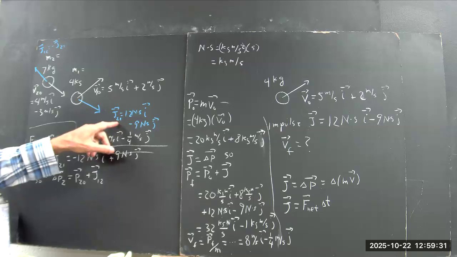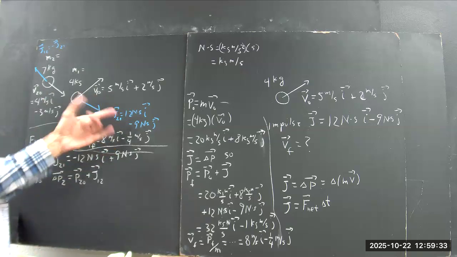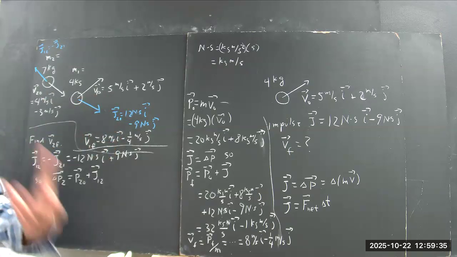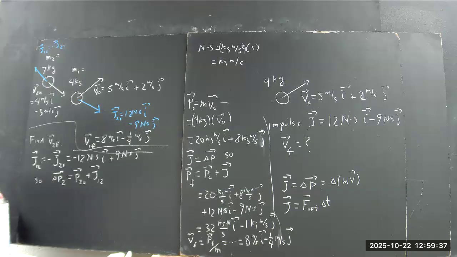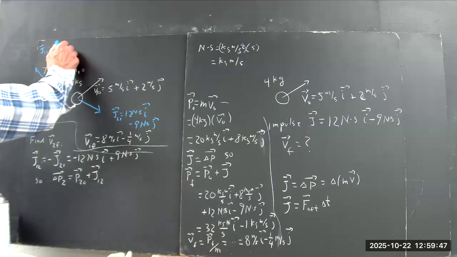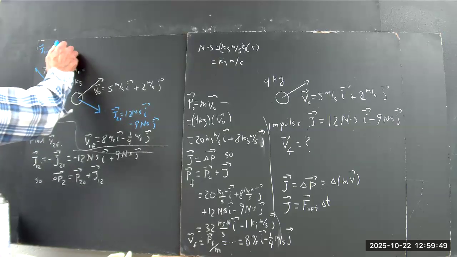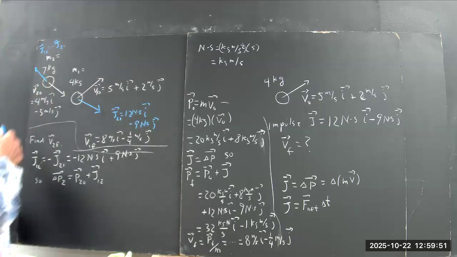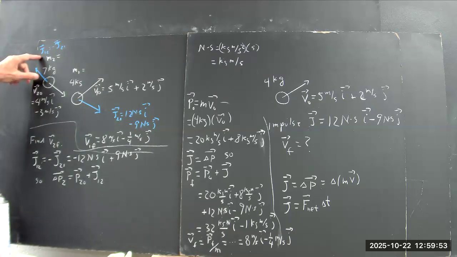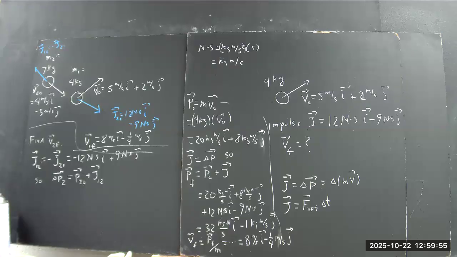I might have those subscripts backwards from the convention. Whatever I call it, the impulse on this one is equal and opposite to it. I'll close that J up a little bit. But that just says J12 equals negative J21. And I wrote that down here again.